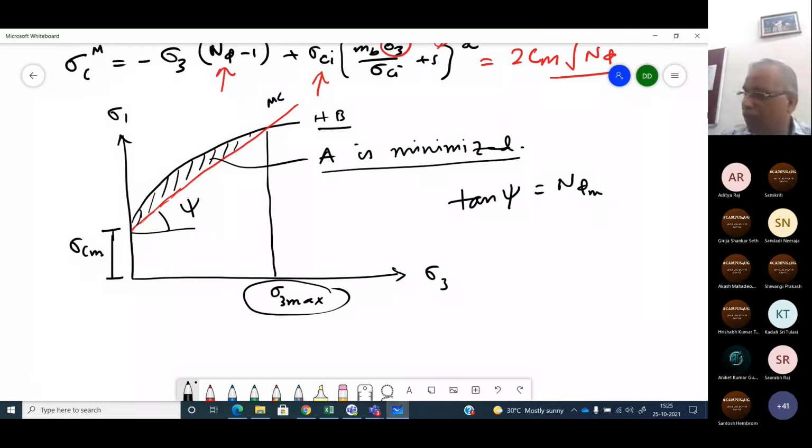If you draw a tangent here, it will be tangent somewhere around here, so the difference may be very high also. No, sir, I am saying a tangent at the point where it intersects the sigma 1 axis. Here, so it will go like this. Yes, sir, then sigma 3 will be very high.